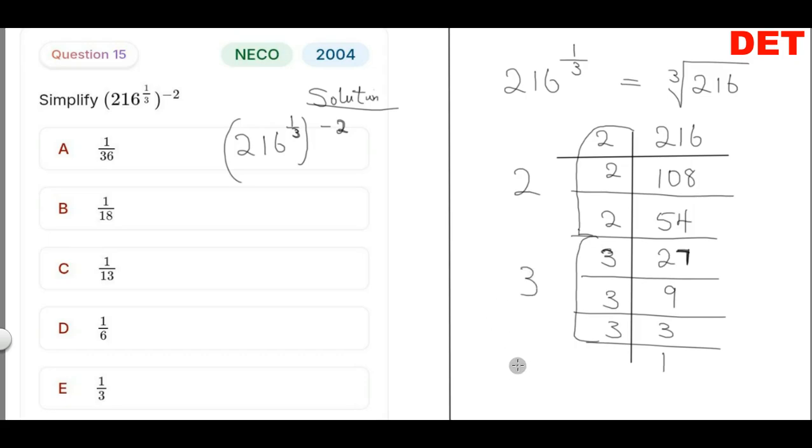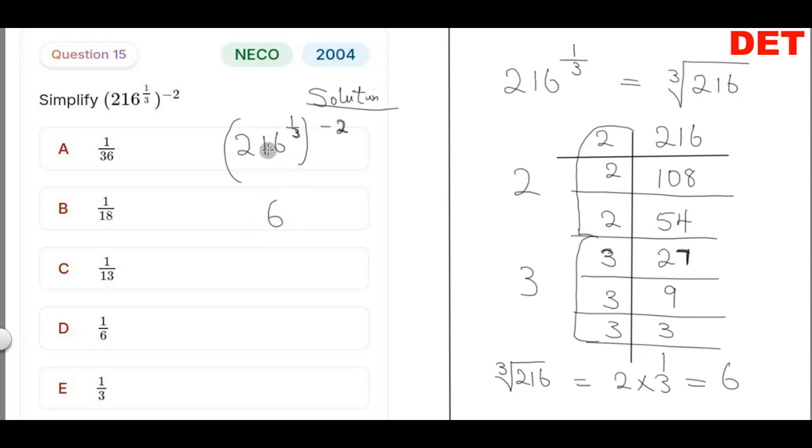Therefore, the third root of 216 is equal to 2 times 3, which is 6. The third root of 216 is 6.